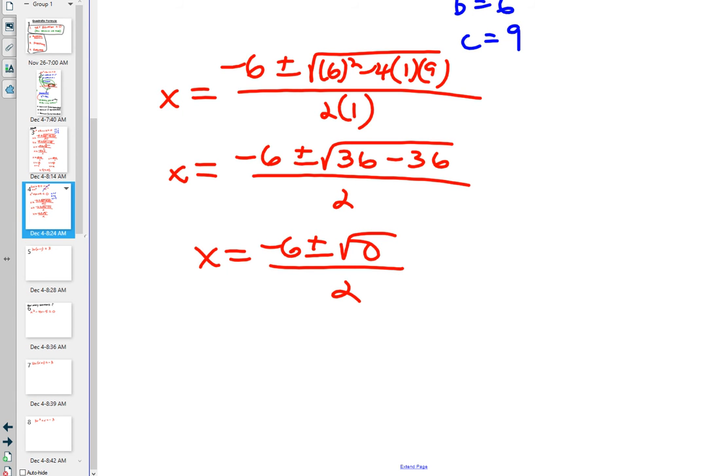So here's what this means. Not only is the square root going to cancel, because anything plus 0 and anything minus 0 is itself, the plus and minus cancels too. Which means I don't have to split, and that one solution is just the 2 numbers that are left over divided. What is -6 divided by 2?